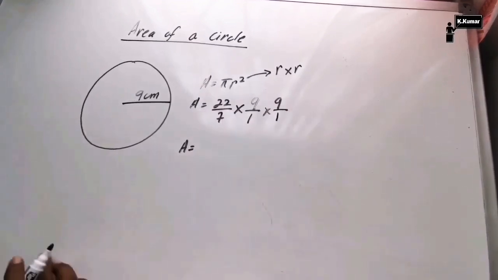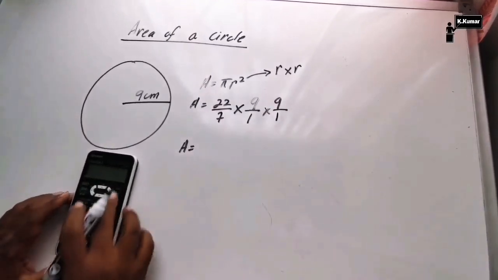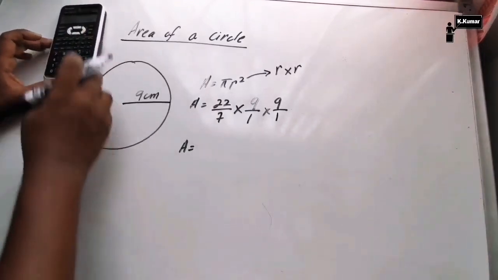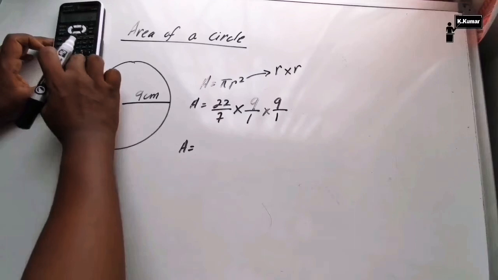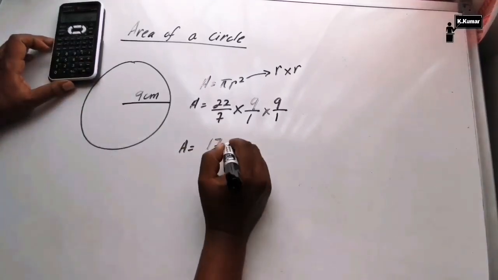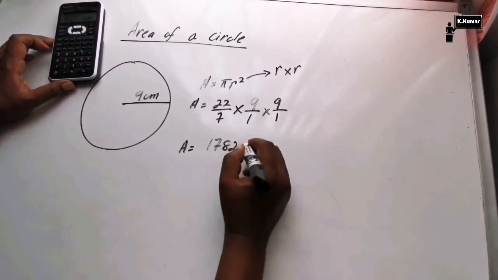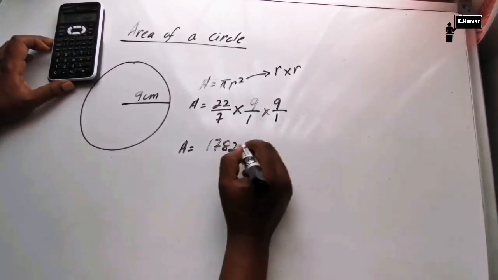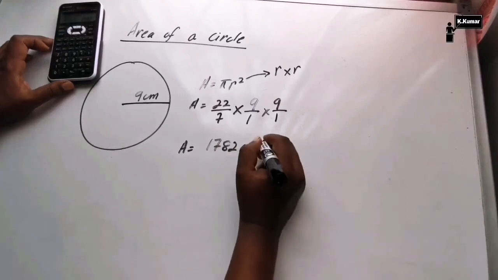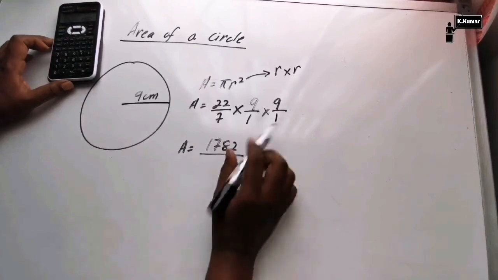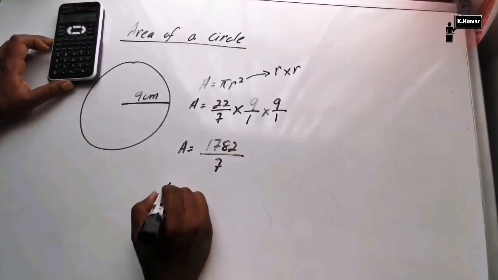A equals, so we multiply our numerators, which would be 22 times 9 times 9, and that's going to give me 1782, divided by 7 times 1 times 1, which is 7.